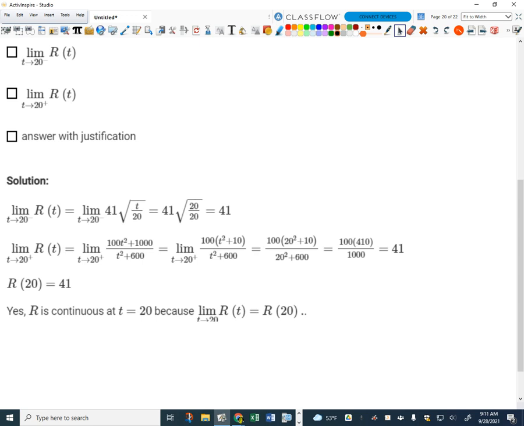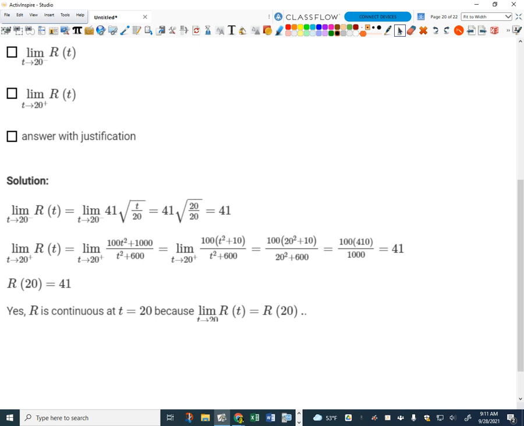You really don't have to factor anything out of the top. It's probably easier to factor out 100, but you could just evaluate this directly also. Either way, if I plug 20 in and crunch the numbers, I'm going to get 41. You don't have to do anything fancy there.